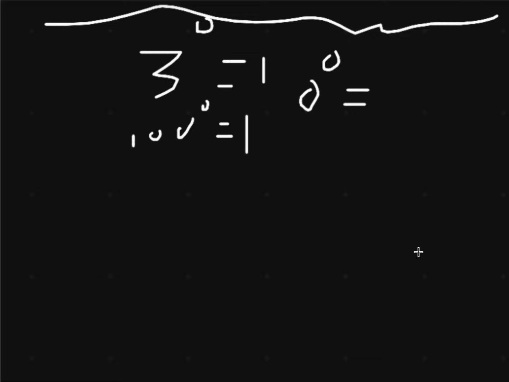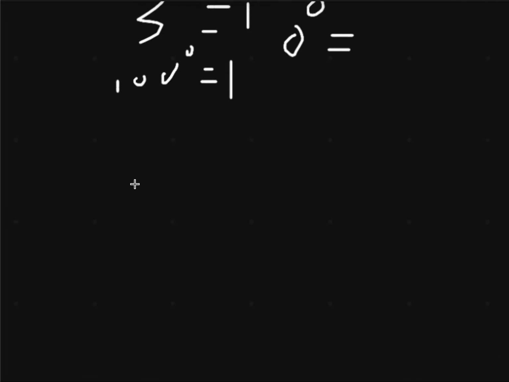Negative exponent rule. A negative exponent just means flip it to the denominator. So yeah, 2 to the power of negative 3. If you say it's negative 8, let me just say, it's wrong. It's not right!